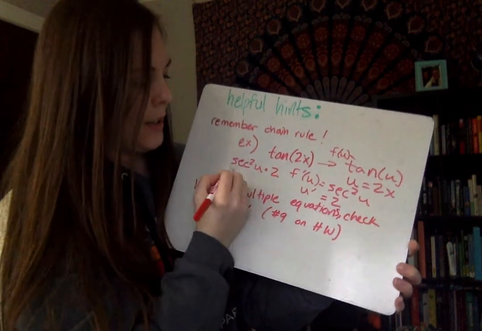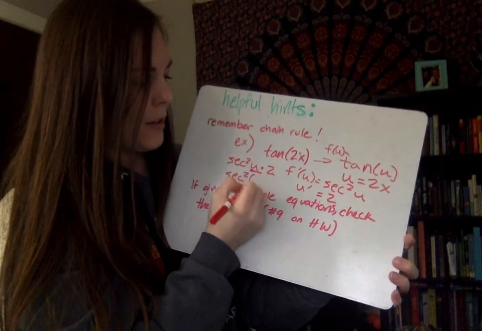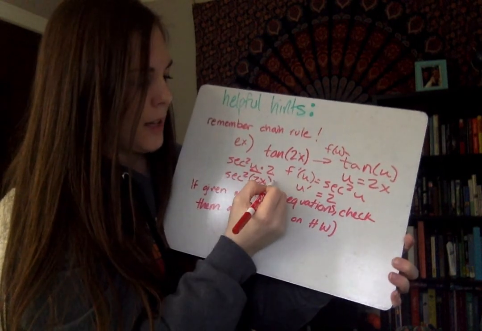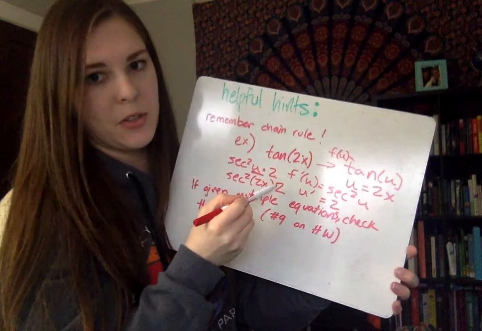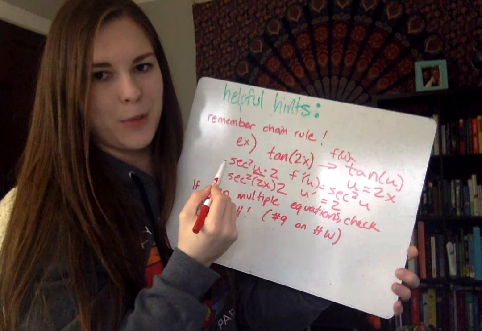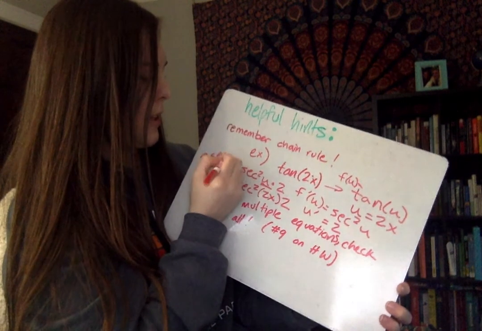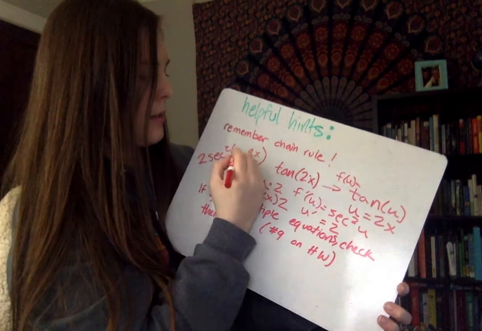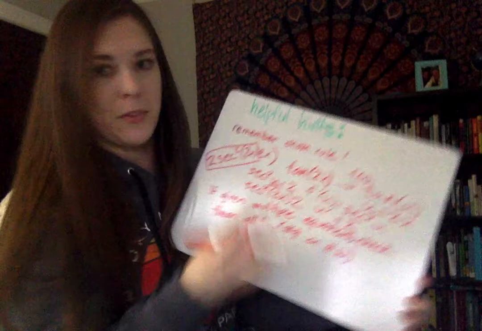Fill in that blank, or that u, and I have secant squared 2x times 2. And most of the time, this 2 will be kind of moved up to the front just because it's prettier. So our final answer here would be 2 secant squared 2x. Should have given myself more room there.